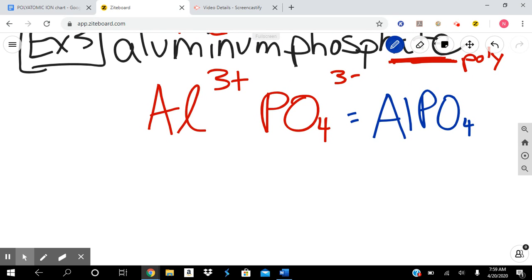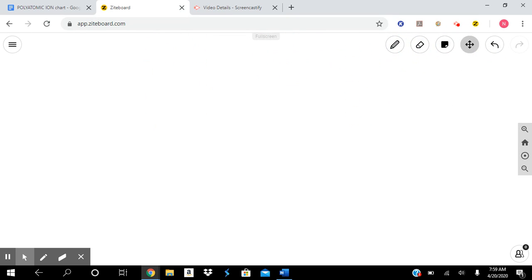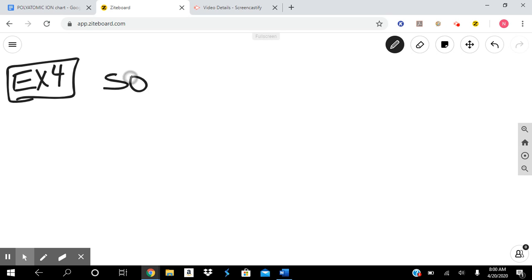I'm going to put 2 down for you guys to try right now. I'm going to write these 2, and they're a step up in terms of difficulty, or what I would consider to be difficult. Example 4. Let's do sodium hydroxide.